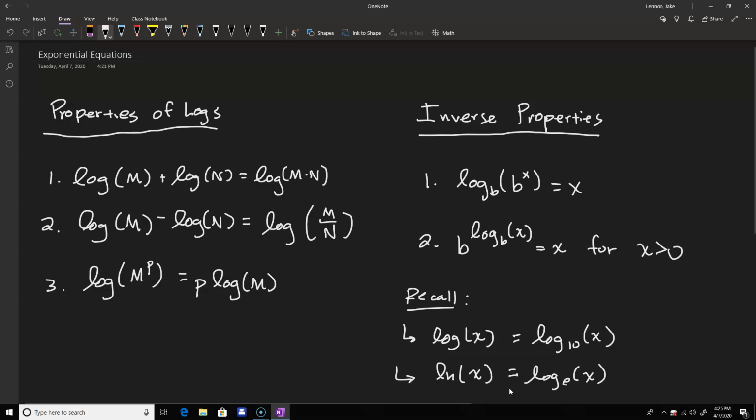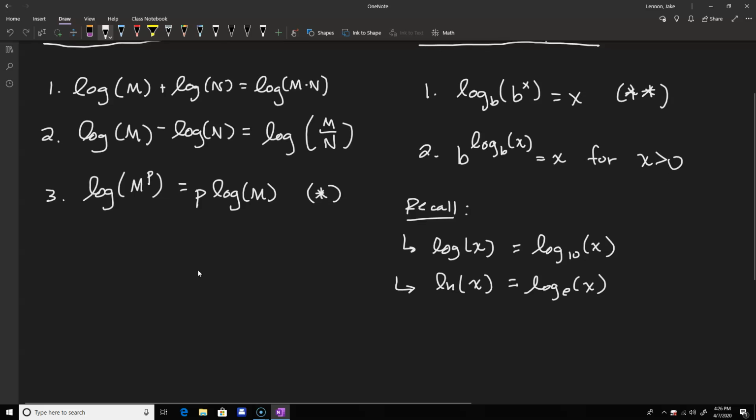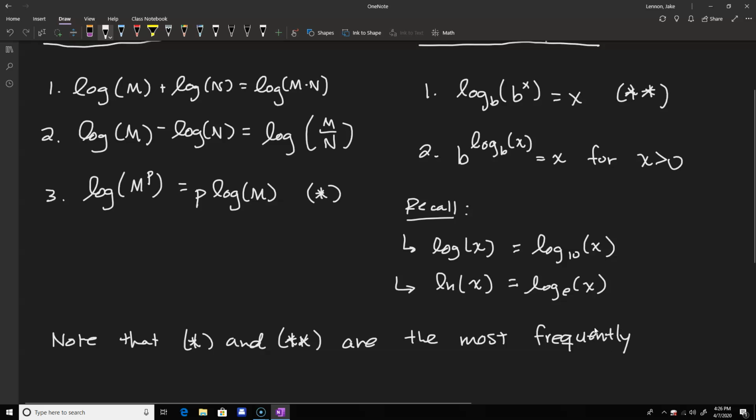The main ones we're going to be using are property 3 right here and property 1 under the inverse properties. Let's note that with a star and double star, the most frequently used properties when solving exponential equations.